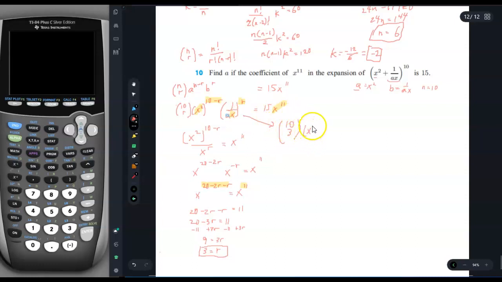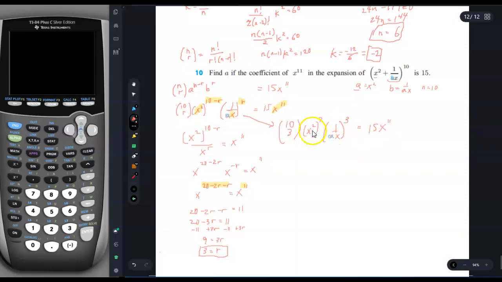And we know it's x squared to the 10 minus 3, which would be to the 7th. And then we know 1 over ax. That's the blue a, as opposed to the red a, to the r equals 3, okay? And now we know that's equal to 15x to the 11th.